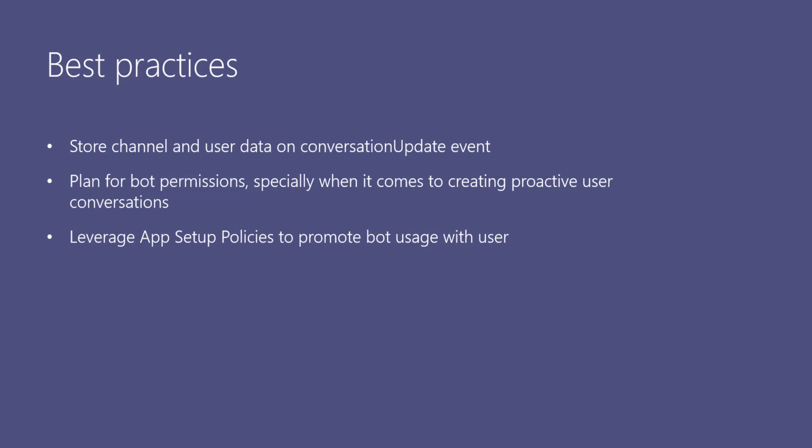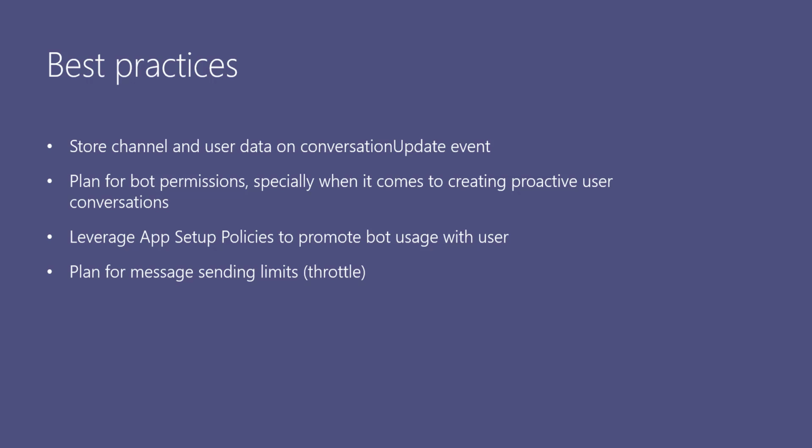If you want to promote your bot or application to users, you could leverage Teams app setup policies so that you pin an application such as a bot, and the next time that policy takes effect, the bot will automatically be installed for a user, and you can store the conversation update parameter.